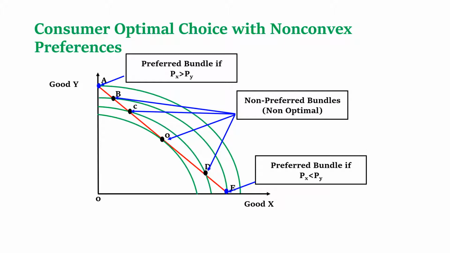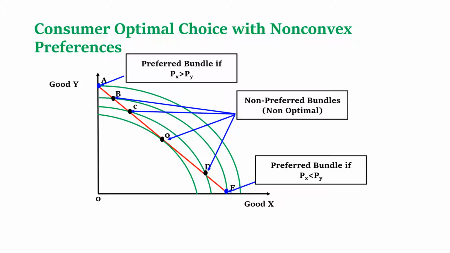Because if we look at this indifference curve, it is very close to the origin. And we know the assumptions of consumer preferences: we say more is better. So is the consumer going to consume more of both goods at this point? Certainly not.